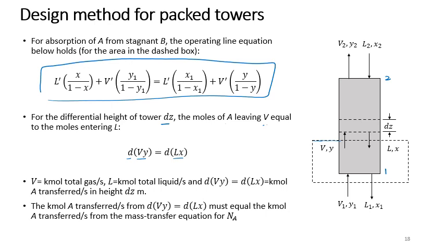These are all in terms of the solute A. X and Y are just mole fraction. So the kilomole of A transferred from d(Vy) equals d(Lx) must also equal the kilomole of A transferred from the mass transfer equation, the flux. So NA dA equals d(Vy) equals d(Lx).